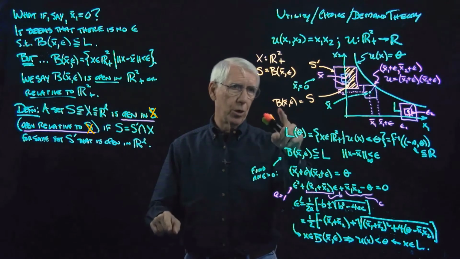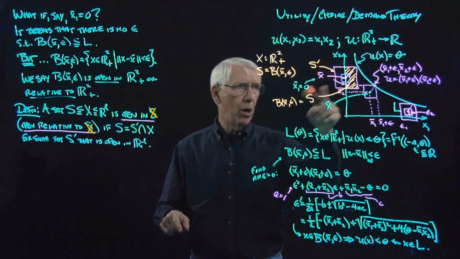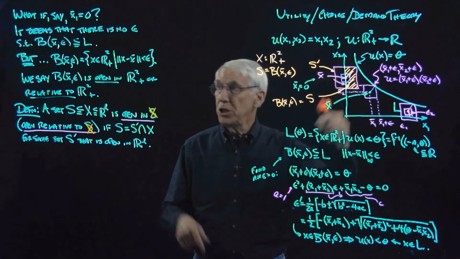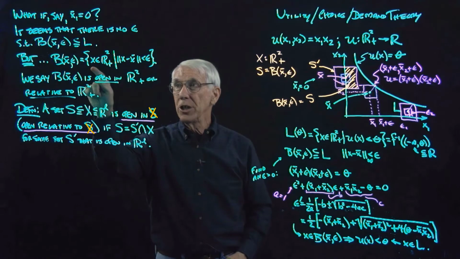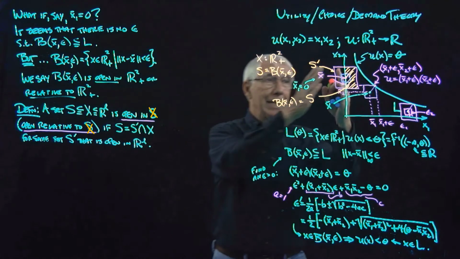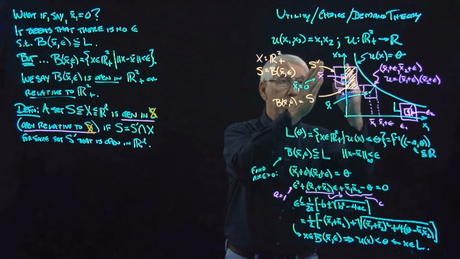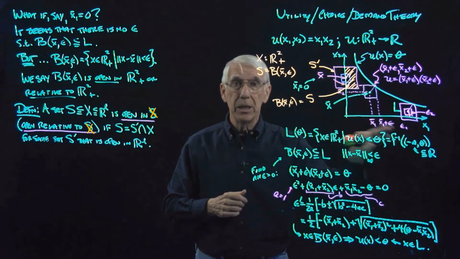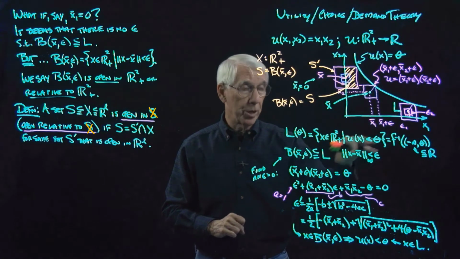And the set we're interested in, the ball around X bar of radius epsilon, which is just the shaded part, because it's just the part that's in R2 plus. So it doesn't look like the ball usually looks, because some of it's been cut off because it's not in R2 plus, more to the point.